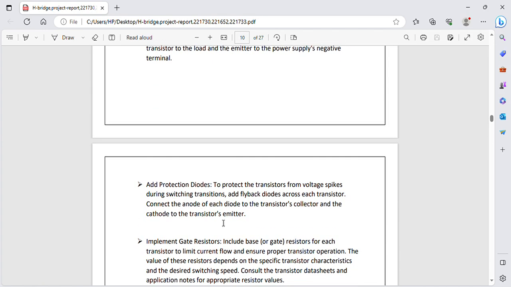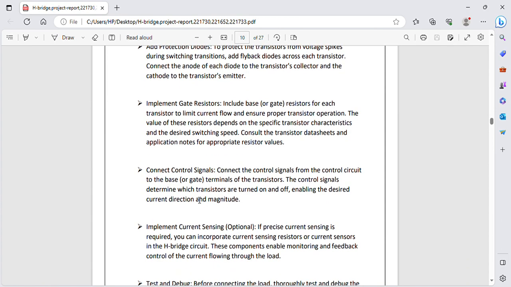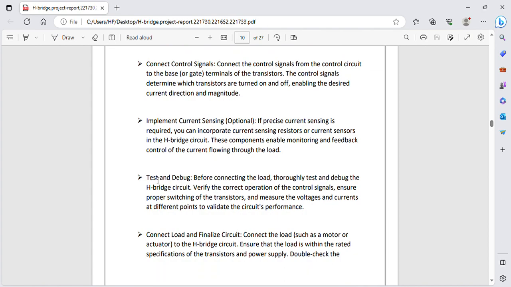Add protection diodes also. Implement gate resistors also. Then moving next, connect control signals. Implement current sensing. Test and debug: before connecting the load, thoroughly test and debug the H-bridge circuit. Then connect the load and finalize the circuit.